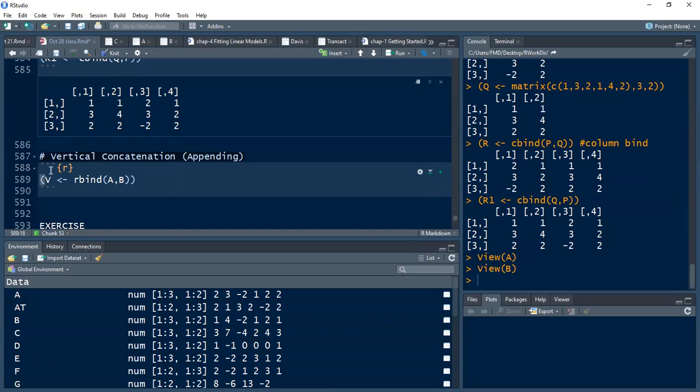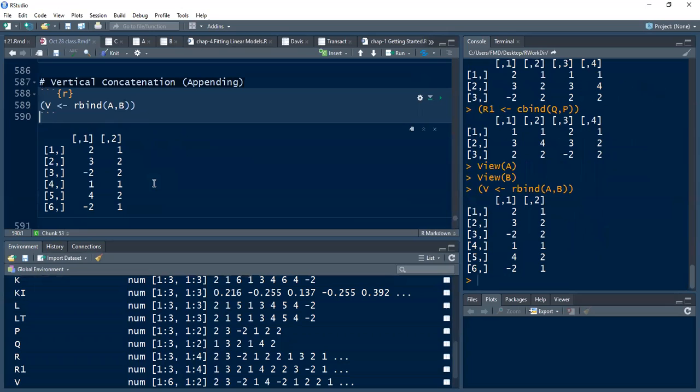We're creating a matrix called V, rbind A and B, control enter. All right, see guys? So this is matrix A, okay? And then matrix B. We put it beneath matrix A because we're adding by rows. So that's your rbind or your vertical concatenation.